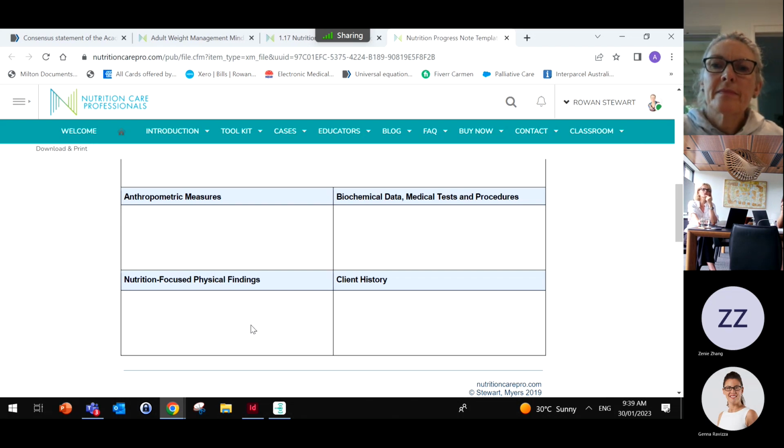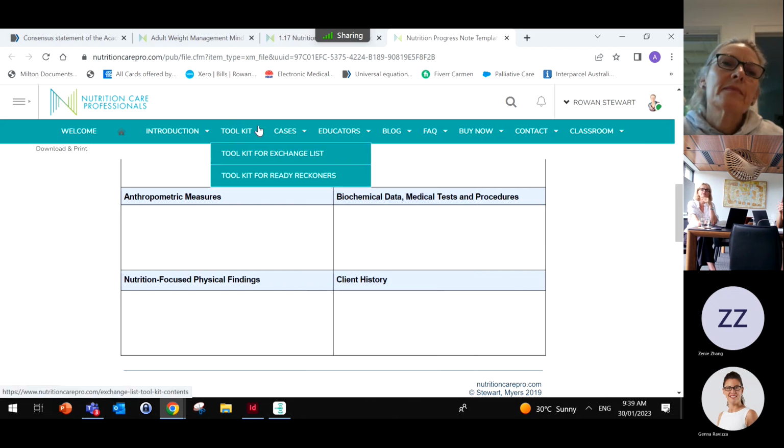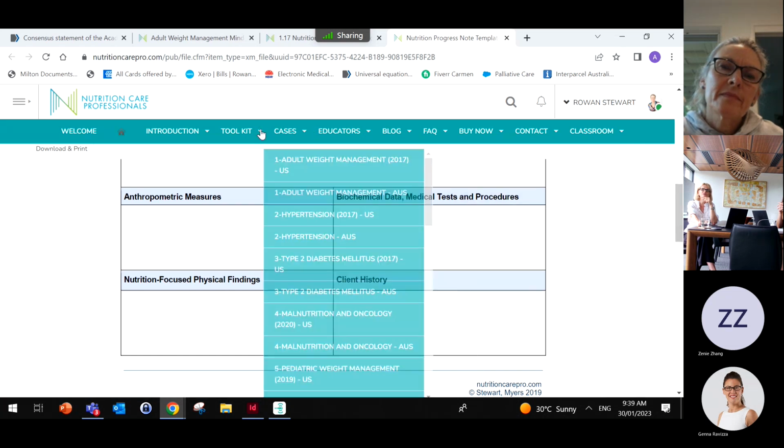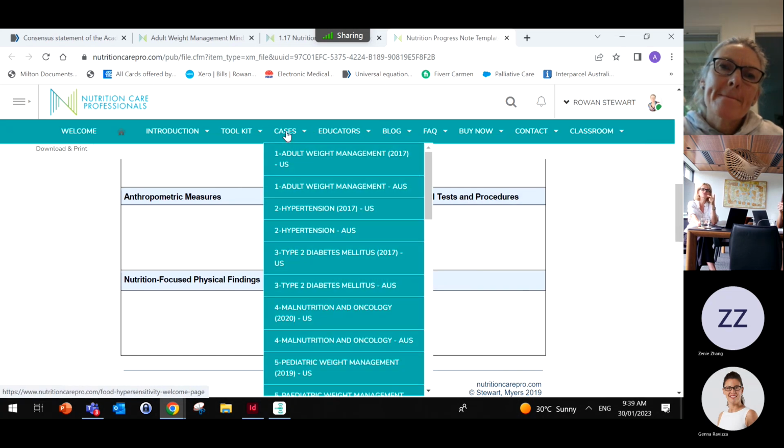And so in order to work out what characteristics you would be putting into each of these components, I would recommend that you come back to the mind maps and you have a look in them. So if we're doing, okay, so let's take nutrition focused physical findings, for example.